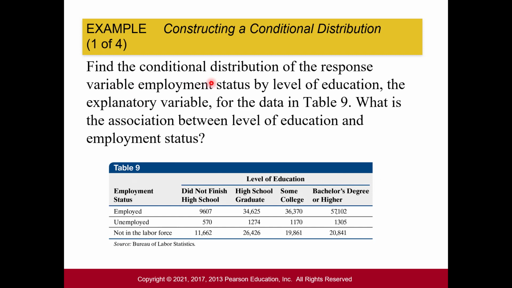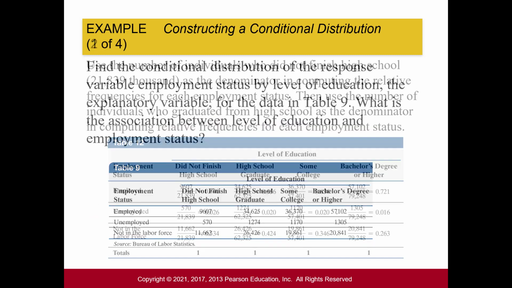So find the conditional distribution of the response variable, employment status, by level of education, the explanatory variable from our table. What is the association between level of education and employment status?